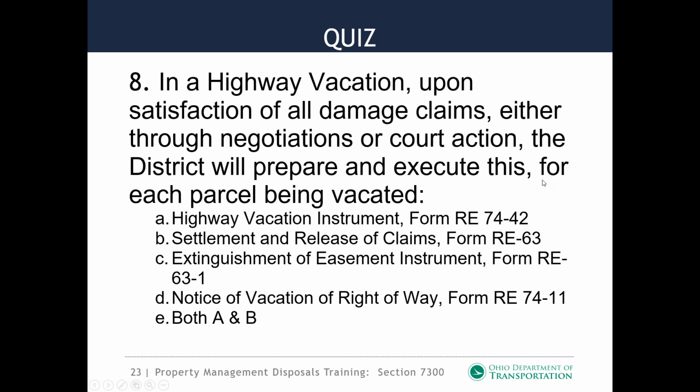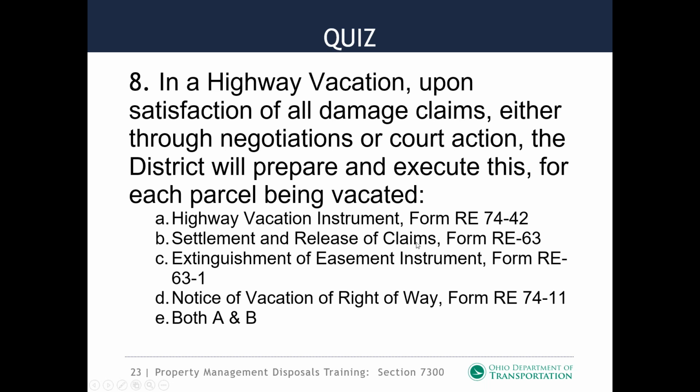Number 8, in a highway vacation, upon satisfaction of all damage claims, either through negotiations or court actions, the district will prepare and execute this for each parcel being vacated. This one's better. We're back to single letters here. Yeah. Even though the last answers were pretty creative.